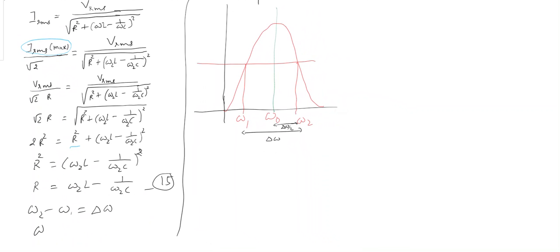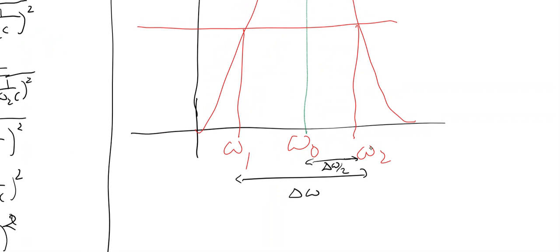Okay, so in terms of omega 0, I should be able to write omega 2 as omega 0 plus delta omega by 2. Look at this graph. If you want to arrive at omega 2, you can add this much to omega 0. So omega 2 is omega 0 plus delta omega by 2.